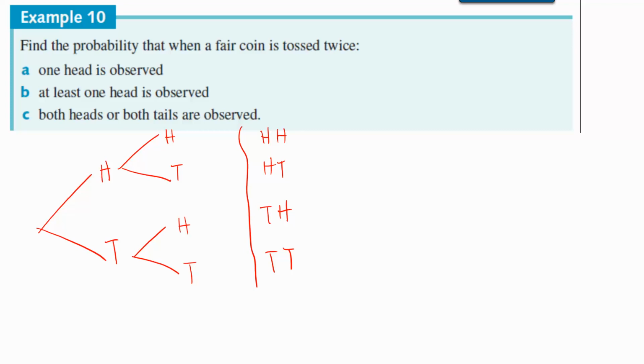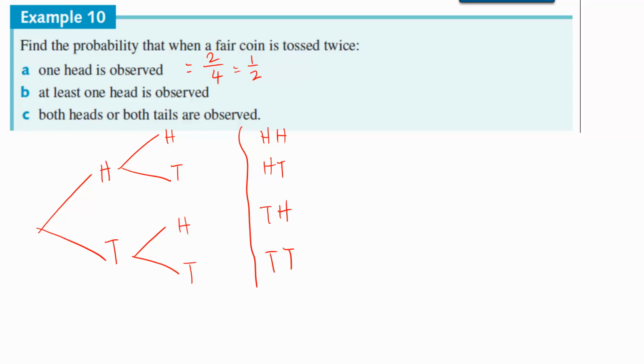There you go. That's what you're doing in 9A. You're just looking at this and saying you only get one H. It's only these 2 options: H on the first go and T on the second, or T on the first go and H on the second. These are the 2 options you can get out of 4. So the first answer is 2 out of 4, which is half. So that's half a chance of getting one H.